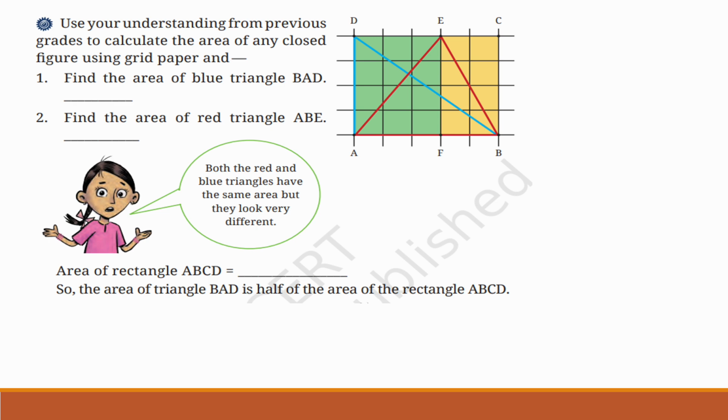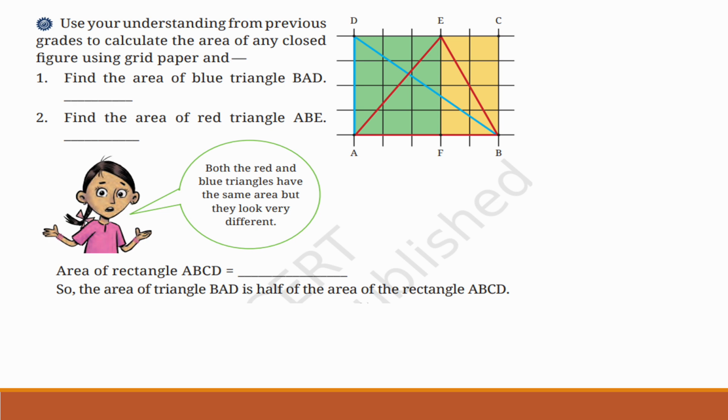If a square is completely covered by the figure, it is taken as 1 unit. If it is covered more than half, then also it is considered as 1 unit. If a square is covered by half, it is taken as half a unit. If the square is covered by less than half of the figure, then it is not taken at all.